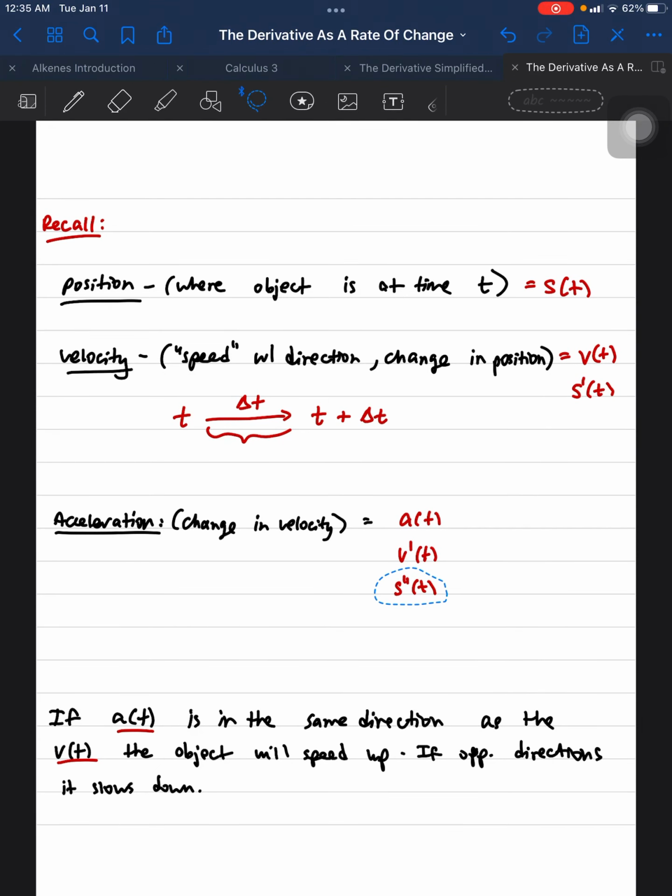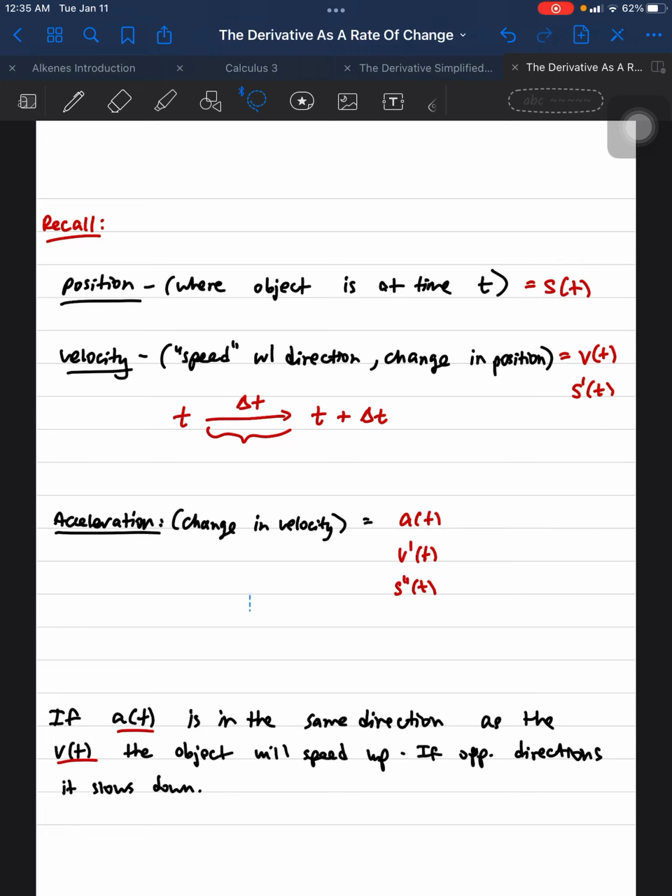Another important concept in rate of change and derivatives is this: if the acceleration function is in the same direction, meaning it's either positive or negative, as the velocity function, the object will speed up.